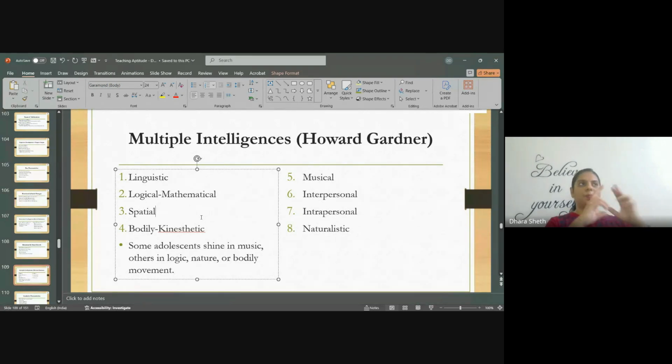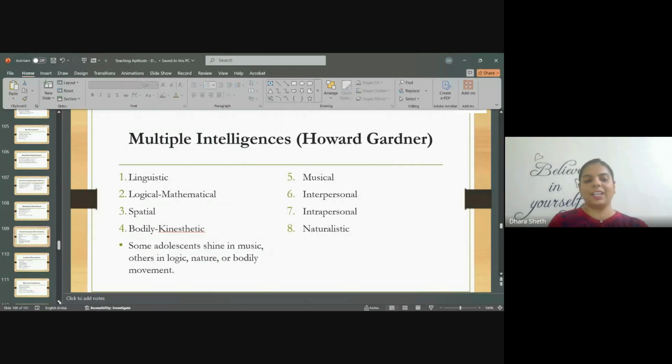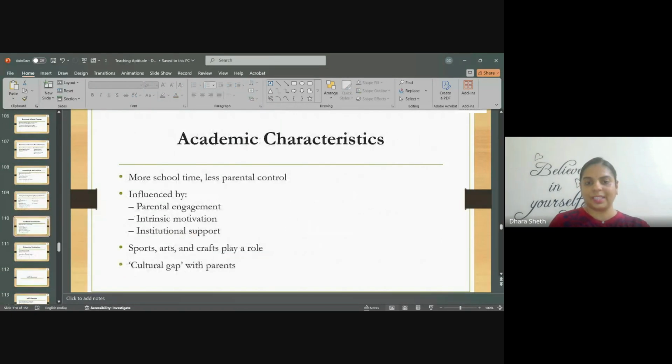Spatial is the space. Looking at things in 3D, imagining things in 3D in your mind, like architects do. Bodily kinesthetic, musical, interpersonal, intrapersonal, and naturalistic. Okay. So everyone has different strengths. That is what we need to remember when we are teaching adolescent learners.